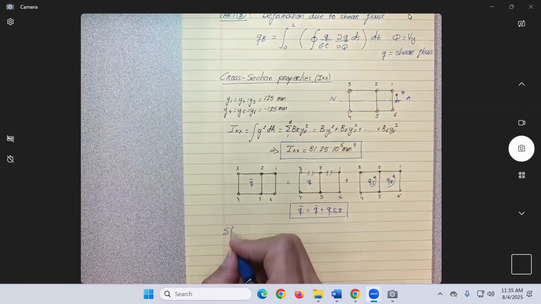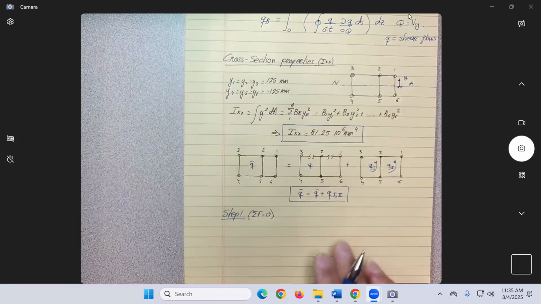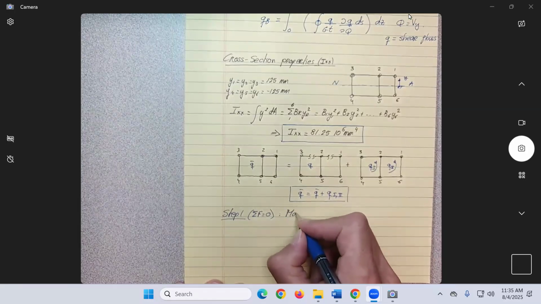So here we go. Step 1, which is equivalent of doing what? No, so finding the summation of forces. It's important to know that, okay? But in order to do that, what do we need?